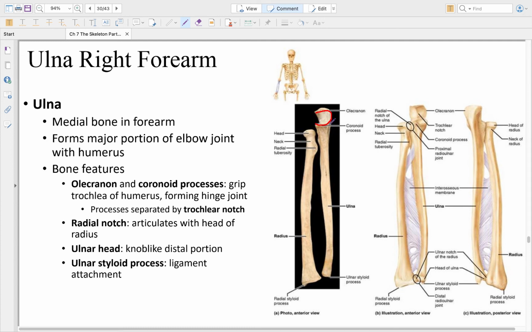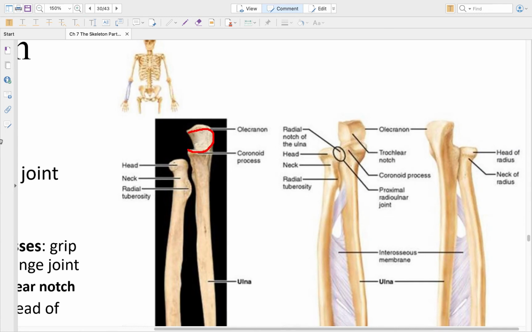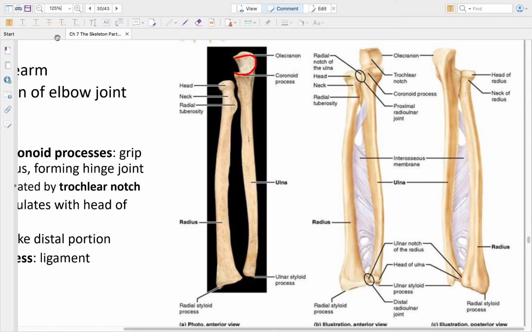Okay, the bone features we want to know. Maybe I zoomed in a little bit too much here. Okay, there we go.